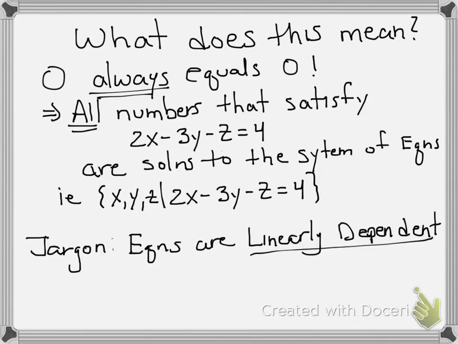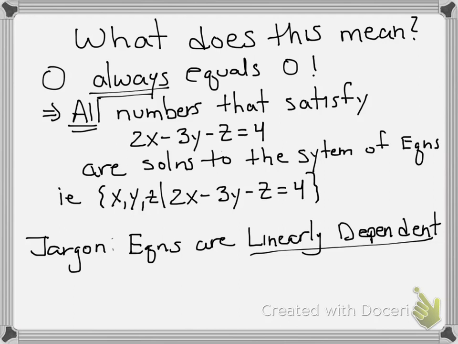In jargon, what this means is that we have a system of linearly dependent equations. We don't have to worry about this too much, but if you go on to other things or do any computer science, this is a big deal.